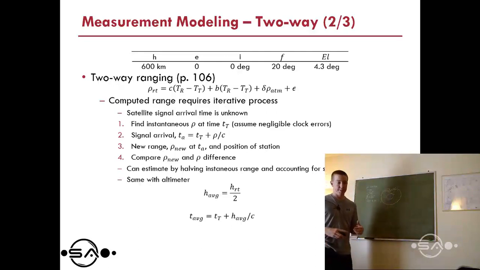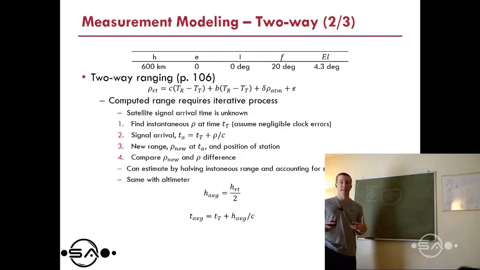The signal arrival time at the satellite is unknown. Remember that process that we walked through in lecture 9 on how to do two-way range? We're going to do it right here. We find the instantaneous range at time t, when it's transmitted, which is the ideal range, what we just did. Then we find the signal arrival, which is basically taking how far the signal has to propagate, range over the speed of light, plus the time it was transmitted.